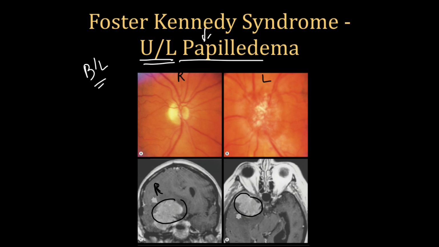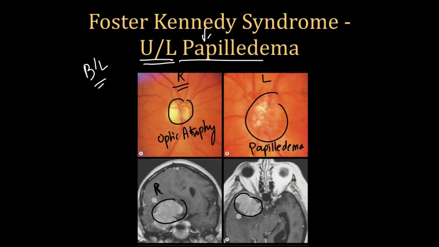So, a tumor on the right side is going to cause an optic atrophy on the right side, whereas on the opposite, left side, it has caused a papilledema. So, this is what we call Foster-Kennedy syndrome. There is a tumor on the right side which causes a unilateral optic atrophy and a contralateral papilledema.